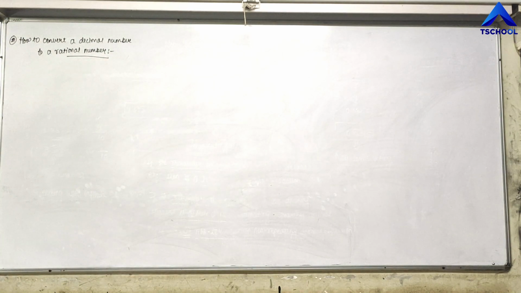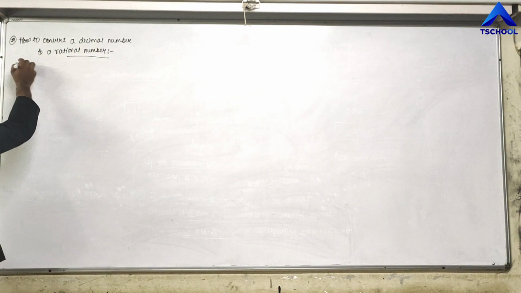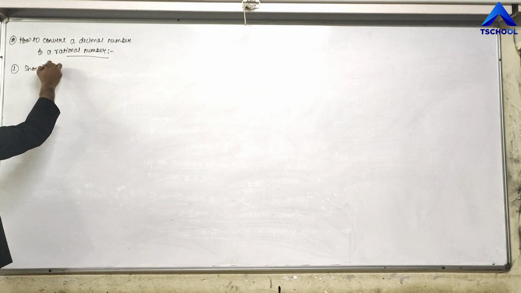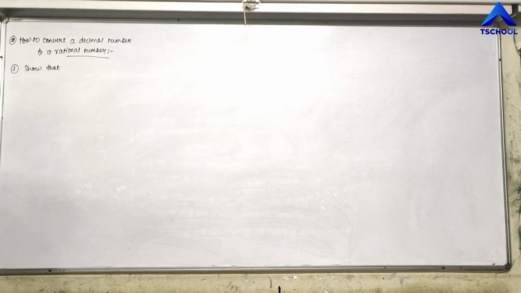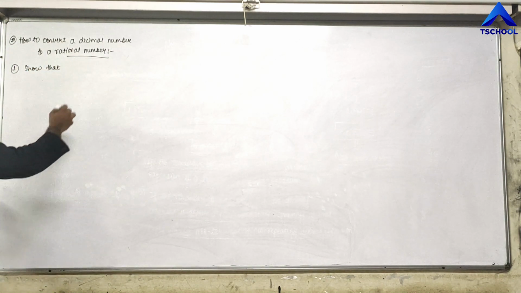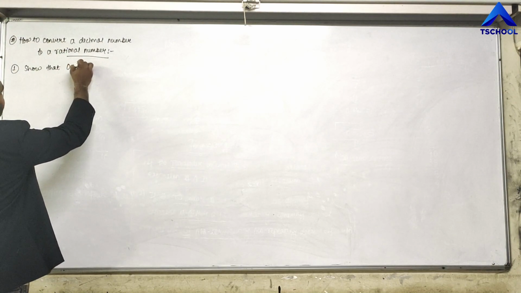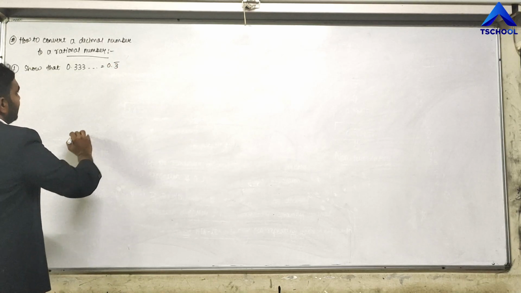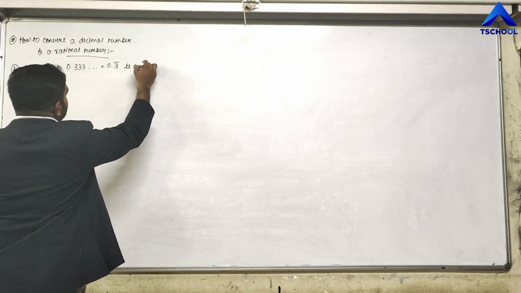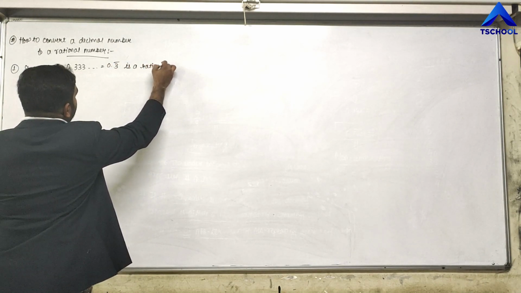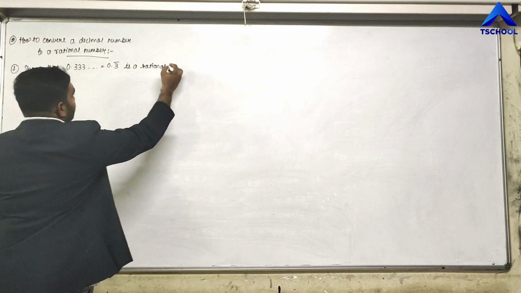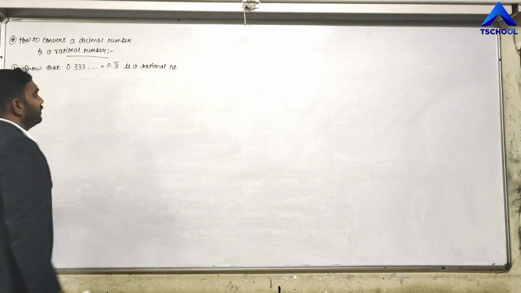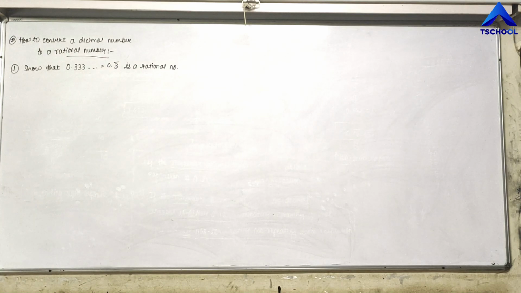How to convert a decimal number to a rational number. I have one example here: show that 0.33, the first one that we have taken, or you can also write it as 0.3 bar, is a rational number.